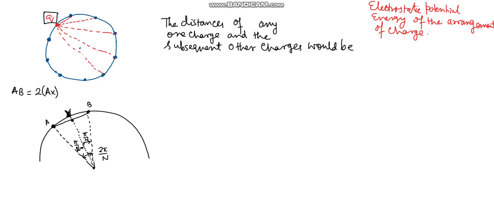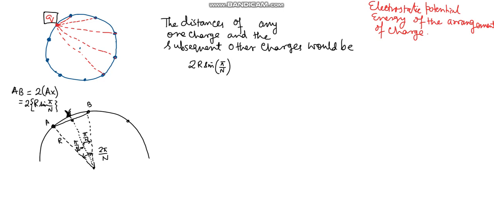AX will be equal to R sine pi by n. So we got it 2 times R sine pi by n. So the first distance is 2 times R sine pi by n.